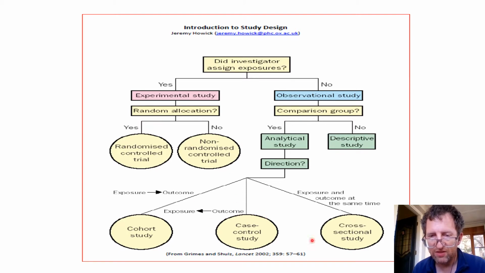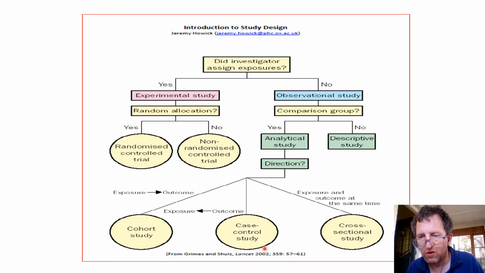For a case control study, what you really want to know is, when they selected which patients should go in, was it on the basis of their outcome versus a control where the outcome didn't occur? Basically you get a bunch of people who had the outcome and a bunch of similar people who didn't have the outcome. And then you go back in time to see the exposure. So these are always going to be retrospective, whereas a cohort can be retrospective or prospective.